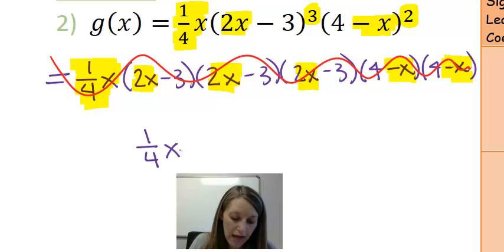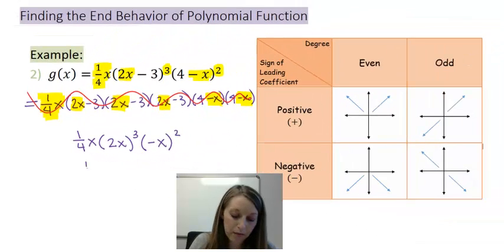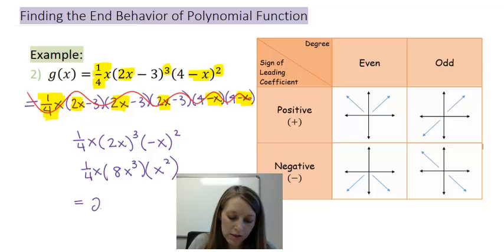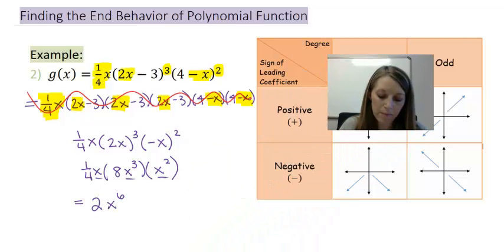So I have 1/4 x times 2x to the third times a negative x squared. 2 cubed gives me 8 times x cubed, and a negative squared is a positive, and then I have an x squared. So overall, 8 divided by 4 gives me 2, and I have x times x cubed times x squared. I add my exponents, and that gives me x to the 6th power.